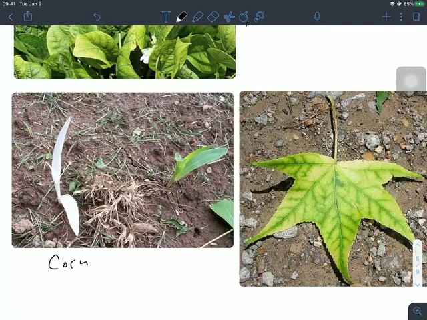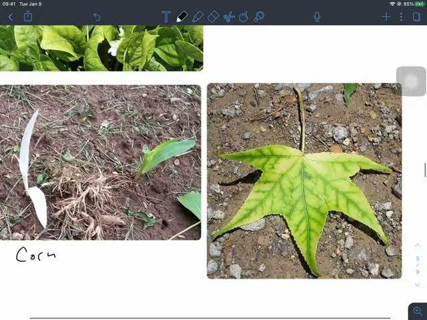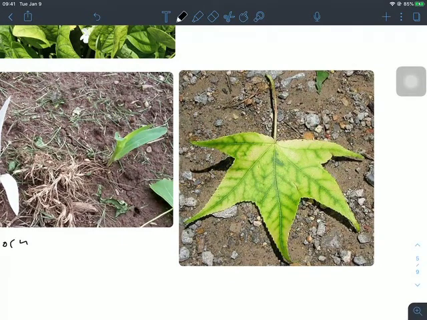Versus the corn plant on the right, which does not have enough materials in order to perform photosynthesis, in order to make chlorophyll. You additionally can get intravenous chlorosis, like we see here in this leaf, where as you get away from the veins, everything is turning a much more yellow color.